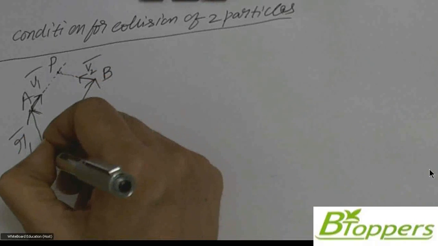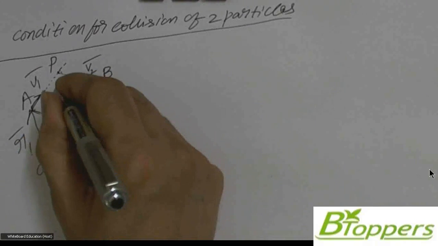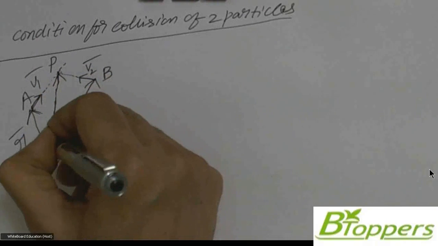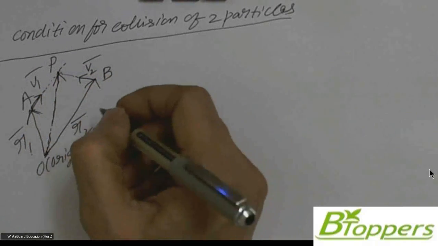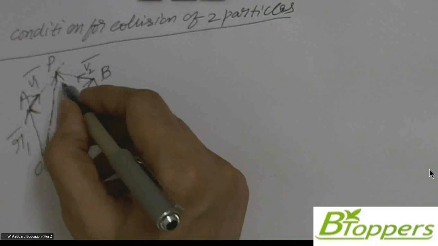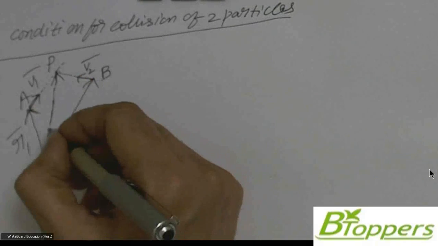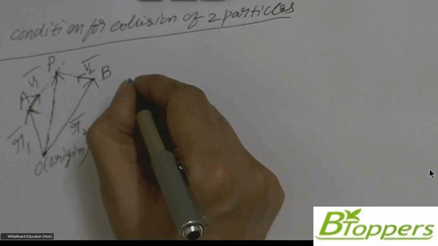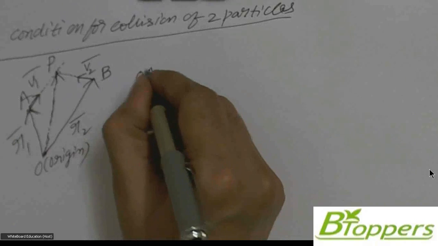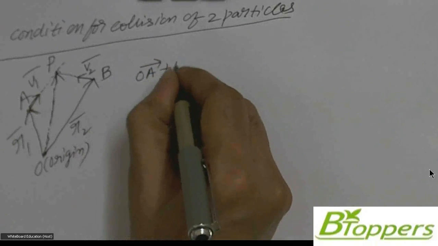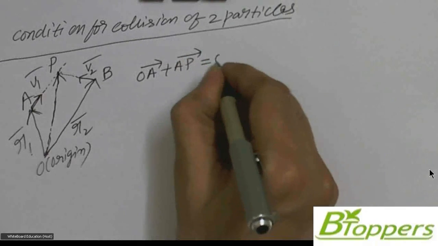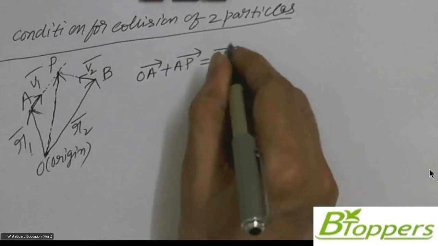So at the instant of collision, the position vector of each particle with respect to the origin O will be the same. So for the first particle, you can write OA bar plus AP bar equal to OP bar.